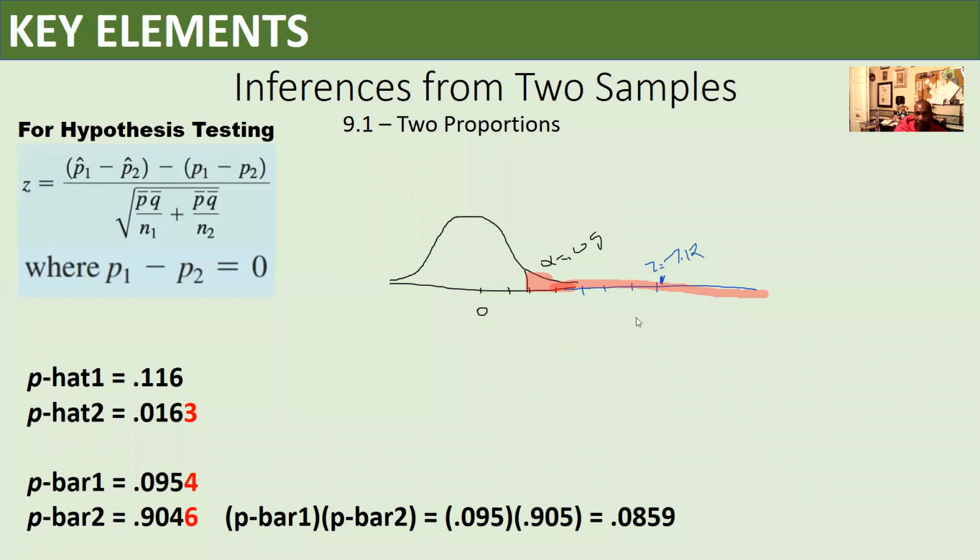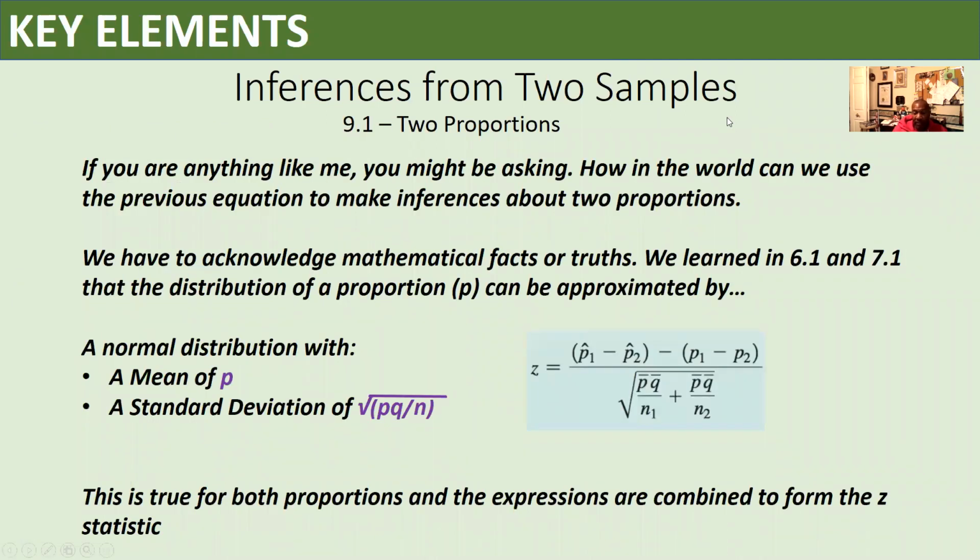Now, the last thing I want to do is kind of give you guys a reminder about what it is that we're doing and why this formula can be used. As we mentioned before, we can disregard the aspect of this right here because we're going to assume that this right here is 0, because we never really know the values of the population.